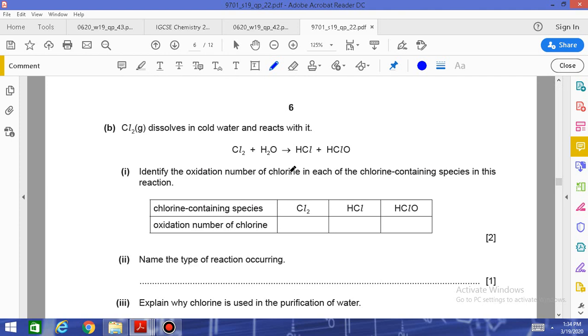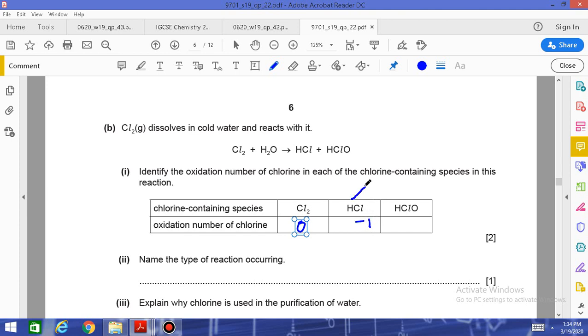Identify the oxidation number of chlorine in each of the chlorine-containing species in this reaction. So you have to identify the oxidation number for each element. The oxidation number for the chlorine atom in Cl2 is 0, because this is a free element, while the oxidation number of chlorine in HCl is -1.